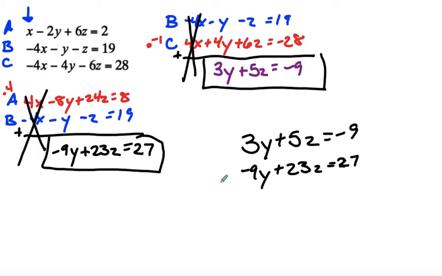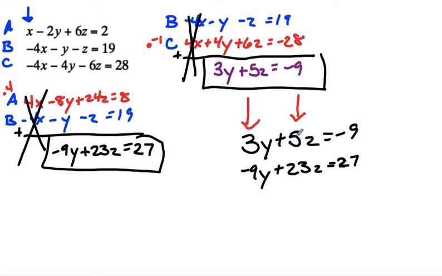Now I have these 2 equations in 2 variables, so I've lined everything up just like we did in the beginning. Now, looking at these, I have to make a decision. Do I want to try and eliminate y's or z's? I generally look for the pair that appears to be the closest together and the easiest to work with.